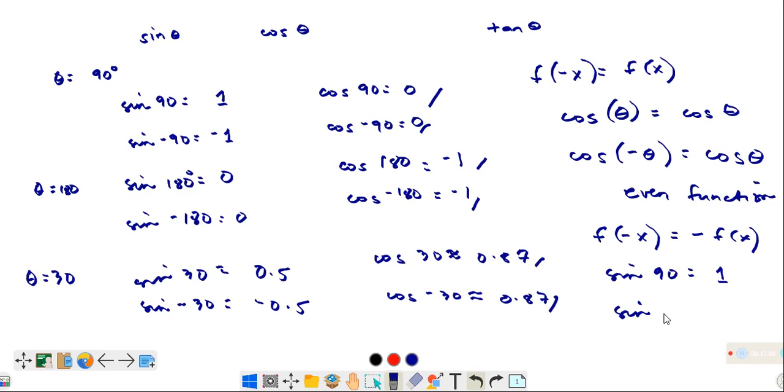Pero kapag kinuha mo yung sine negative 90, nagiging negative na rin yung value ng buong function. Sine negative 90, nagiging negative times sine 90. So, yung opposite na sign nung original mong function, ginagawa niyang negative. So, this is an example of odd function.